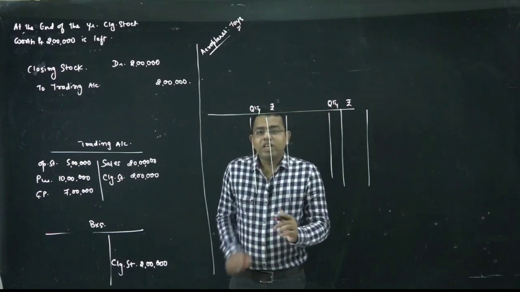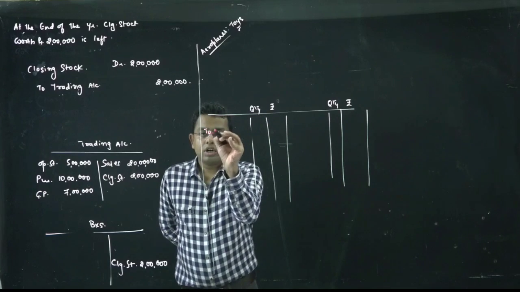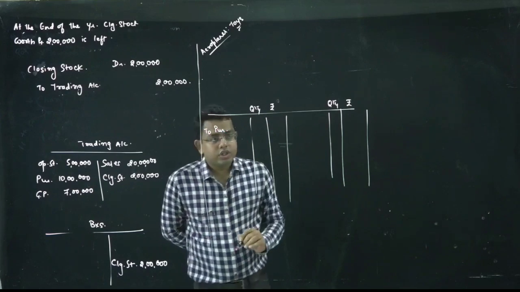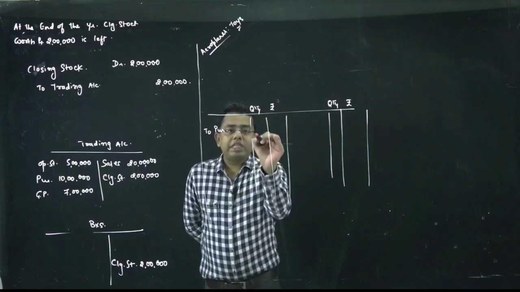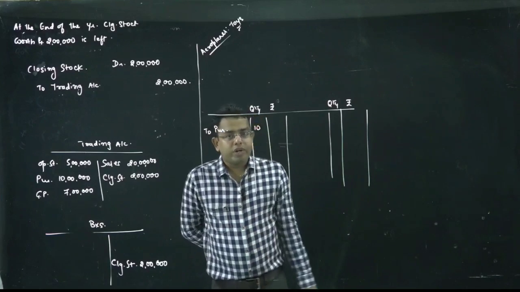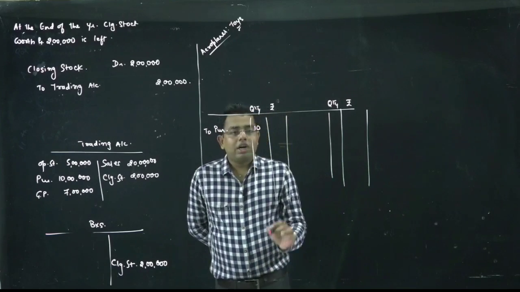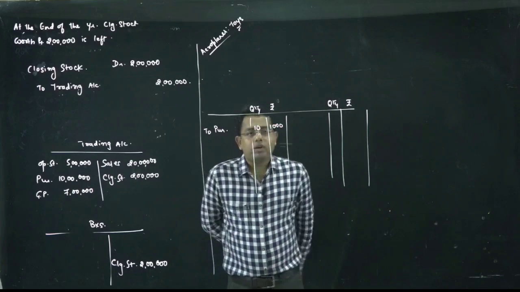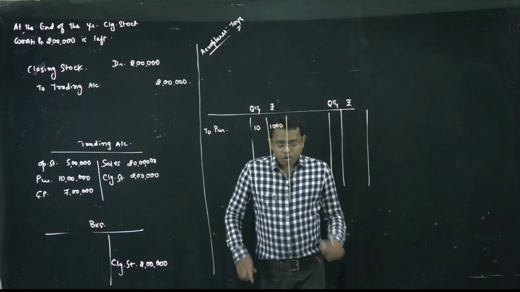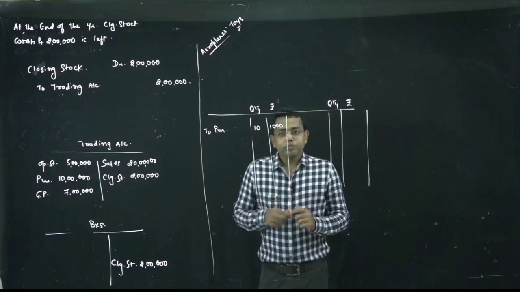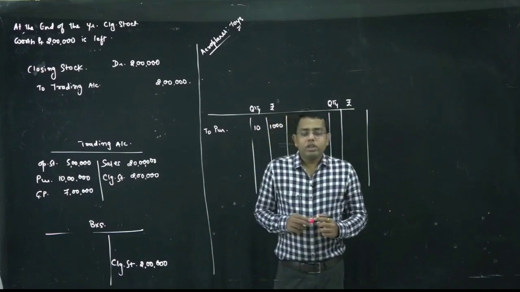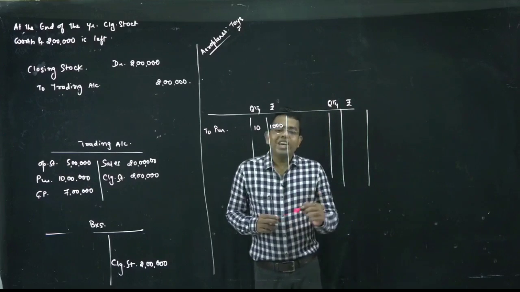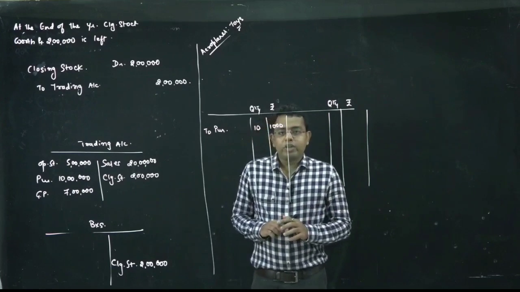We are starting the business to purchase. We are purchasing 10 aeroplanes for 100 each. So, a total purchase of 1000. In the first year, we are selling 5 aeroplanes.